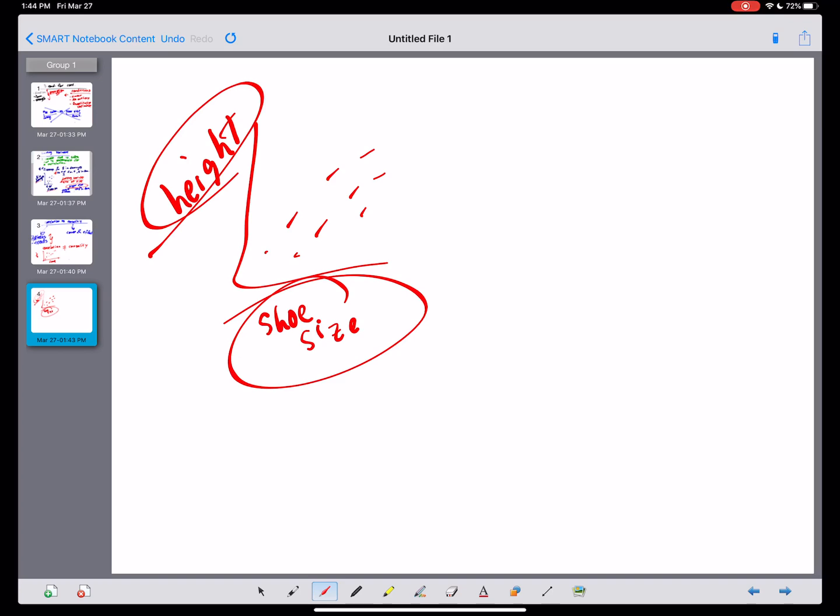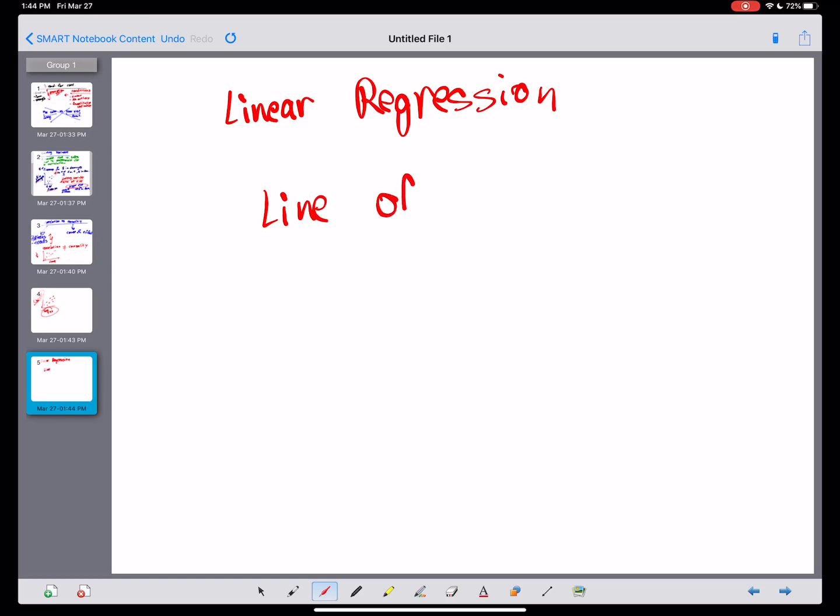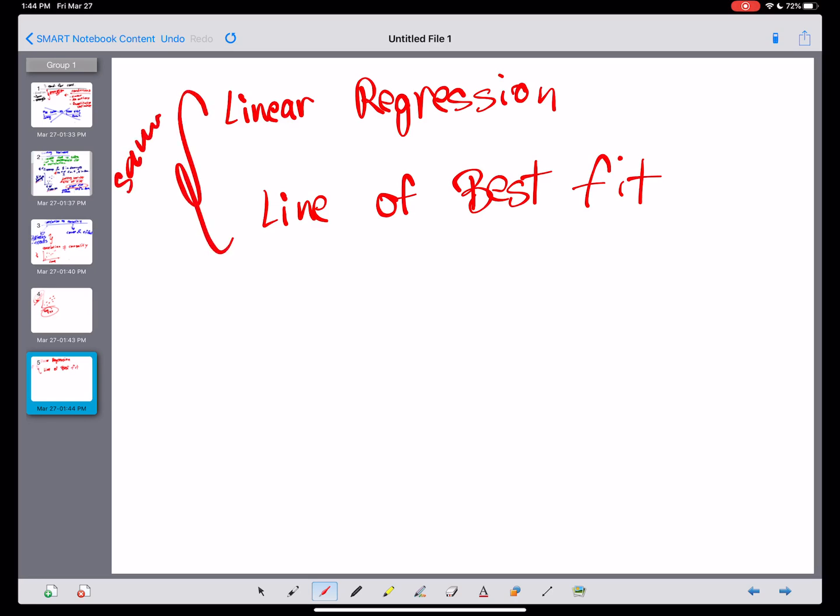Okay. I'm going to move on to finally the last thing that I want to talk about, which is linear regression and line of best fit. These are just two different definitions. They mean the same thing. They mean to find the best line.